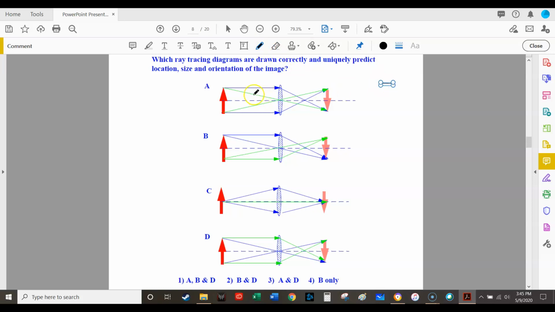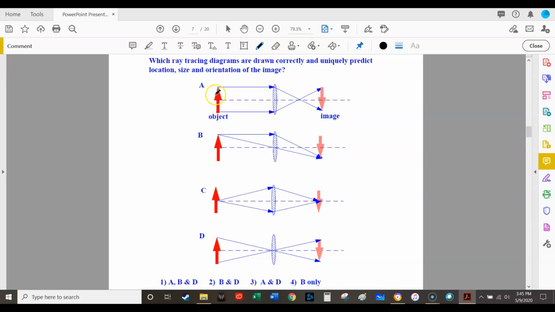What was lacking from A is a center of curvature line. You need at least two lines to confirm that the rays are converging to a point. And same thing with the object line. So it needed at least a center of curvature line.